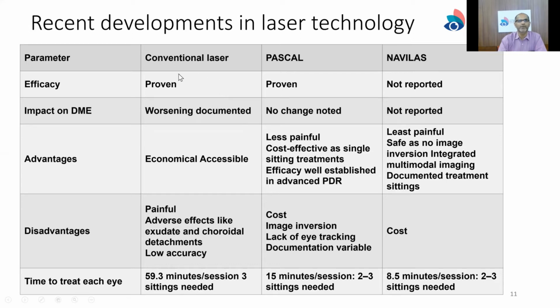So if we have to give this conventional laser, then we need to treat the macula first, and then we start with this treatment. Preferably, it has to be given in 2 to 3 settings, because if we give it in one setting, there is a chance of exudative and choroidal detachment. It is always a little uncomfortable to the patient as well as the treating surgeon.